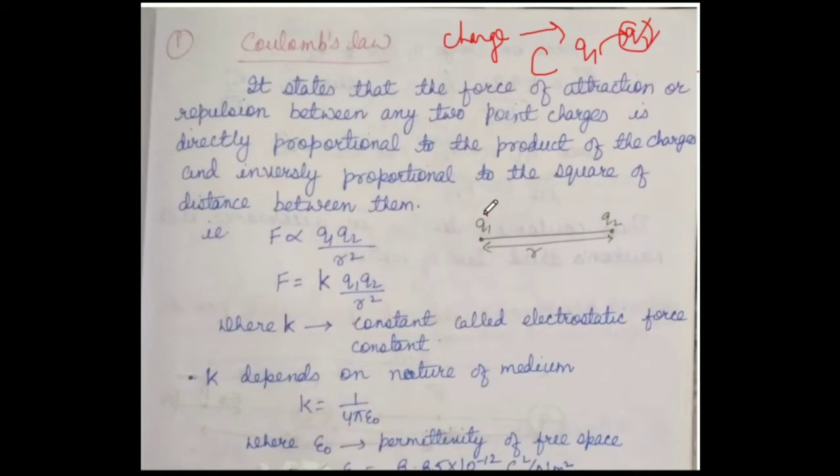Suppose there are two charged bodies, Q1 and Q2. These two are point charges. The size of these charges is very small, or they are placed very far from us, so that they look like point charges. Now suppose the distance between these two charges is R, right?